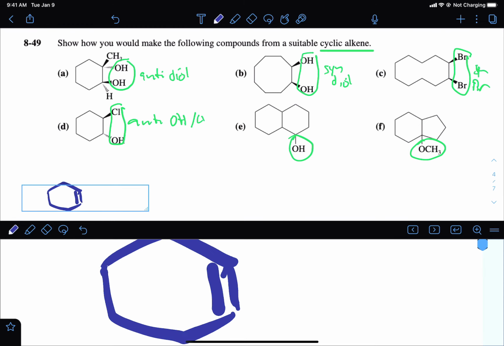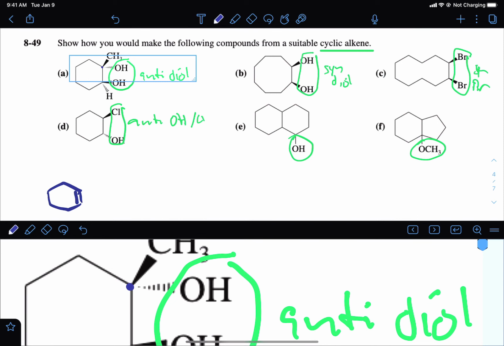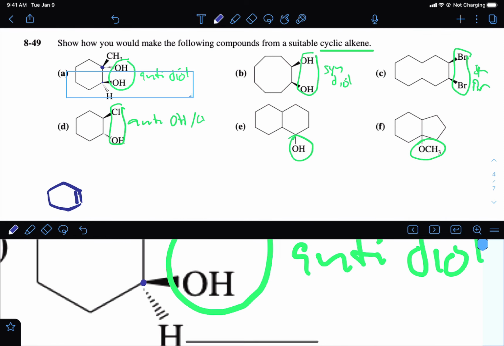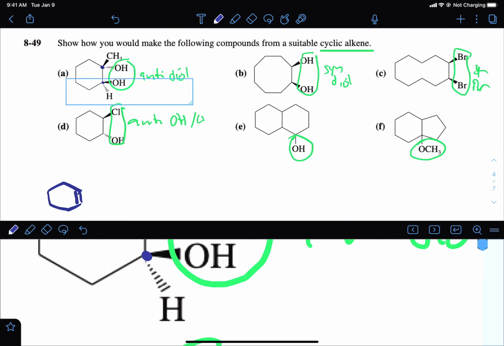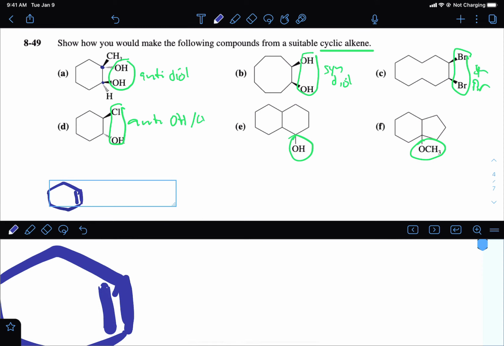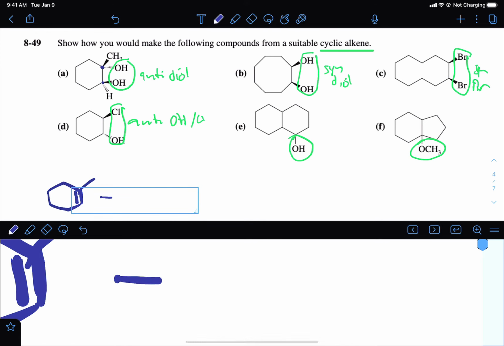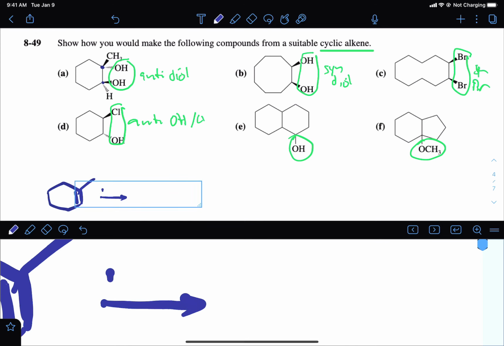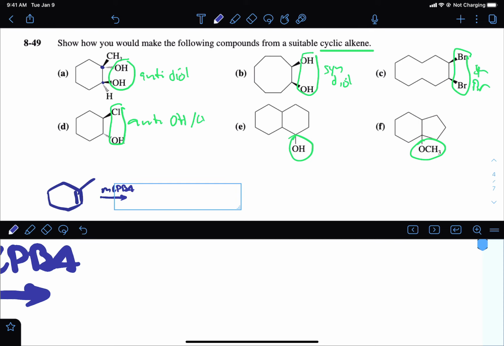The two carbons that are involved in the antidiols need to be the carbons that are involved in the double bond. We also need a methyl group there, so let's make sure we include our methyl group. So our first step is going to be MCPBA. That's going to make our epoxide.